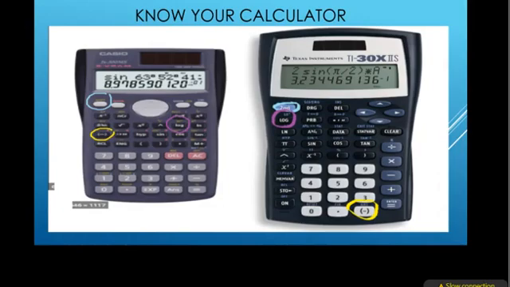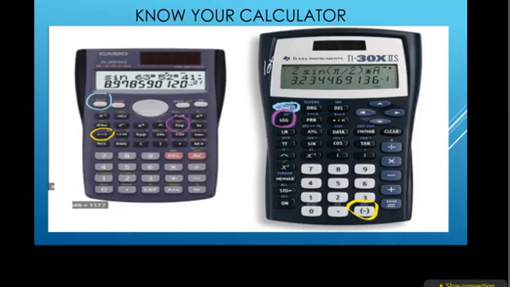So you need the log button, which is right here out in the open on both of these calculators, and then either the shift log or the second log, depending on the brand of calculator you have. All right, and that's the button that has a 10 with to the X on it.